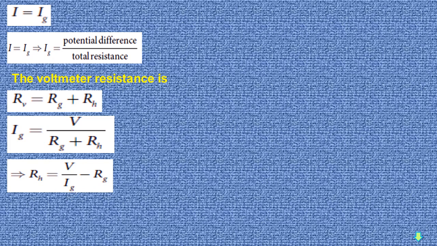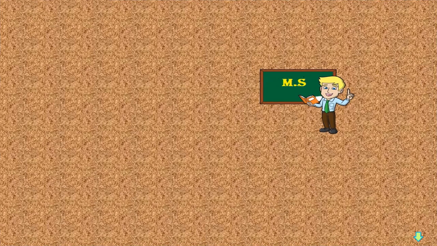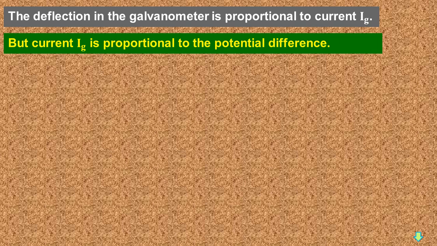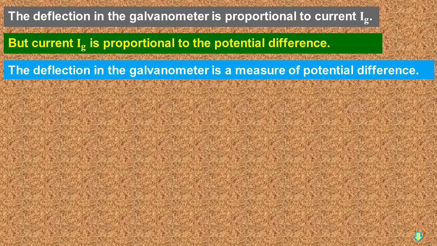Note, Ig is proportional to V. Now the deflection in the galvanometer is proportional to the current Ig. But current Ig is proportional to the potential difference. The deflection in the galvanometer is a measure of potential difference.